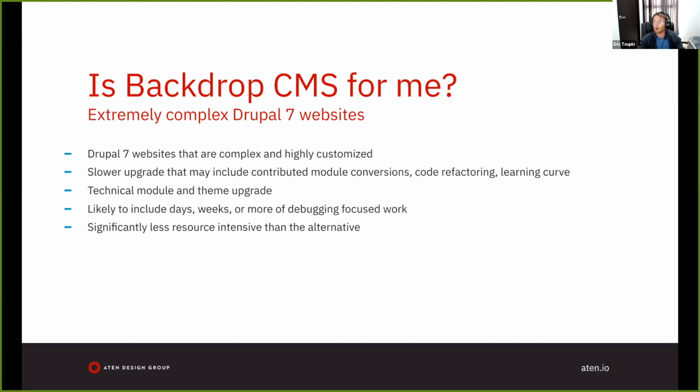These upgrades are going to be far slower than that first process that I mentioned. It's no longer a point and click upgrade. It's likely that you might have to actually convert some modules that are not yet available in Backdrop CMS. Now that's getting less likely as time goes by, just because so many modules are now available for Backdrop CMS, but there's still a possibility there.